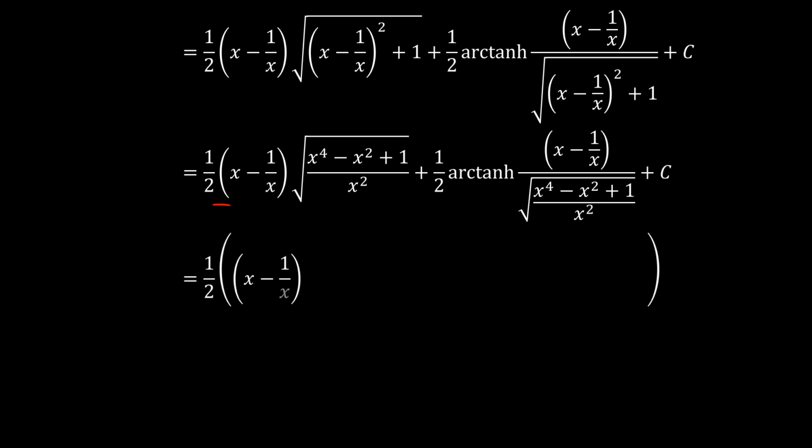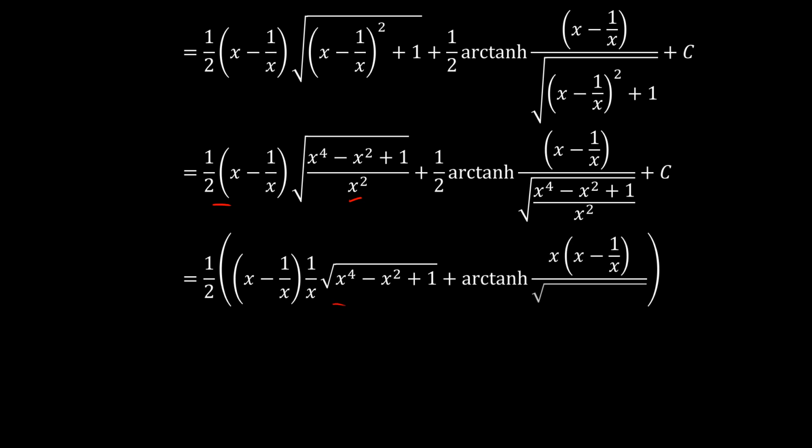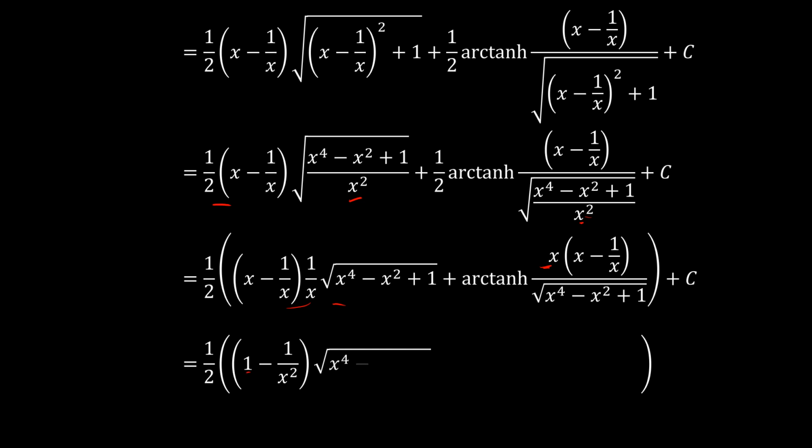Here at the same time, this x goes out, so we have x minus 1 over x times 1 over x times the square root of x to the power 4 minus x squared plus 1 here, and this can multiply across, and this one, when it went out, it now goes up here, and so we have half x going through, we have 1 minus 1 over x squared times the square root of x to the power 4 minus x squared plus 1 plus the arctanh of x squared minus 1 over the square root of x to the power 4 minus x squared plus 1, plus the integration constant.